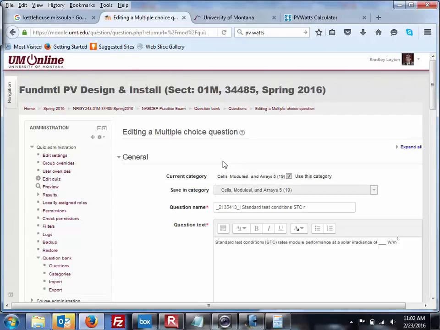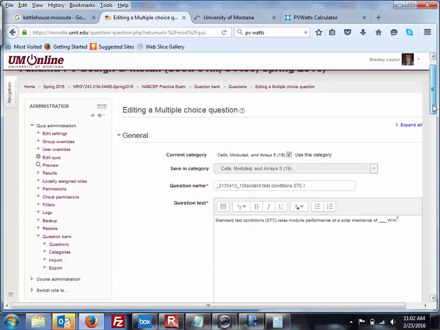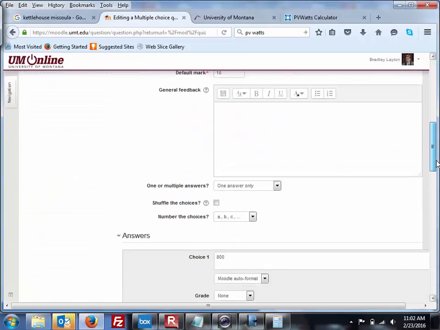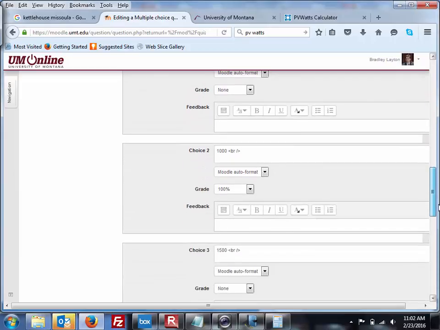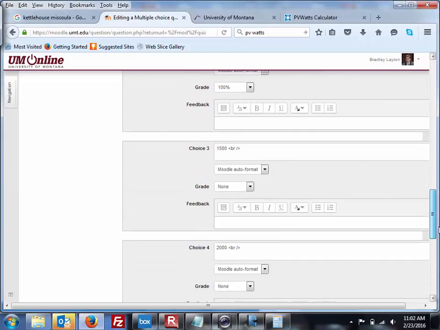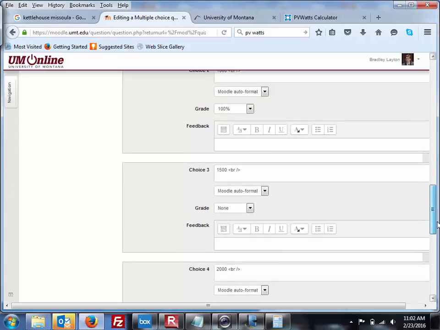You will almost certainly get a question like this. Standard test conditions rates module performance at an irradiance of blank watts per square meter. 800, 1,000, 1,500, 2,000.